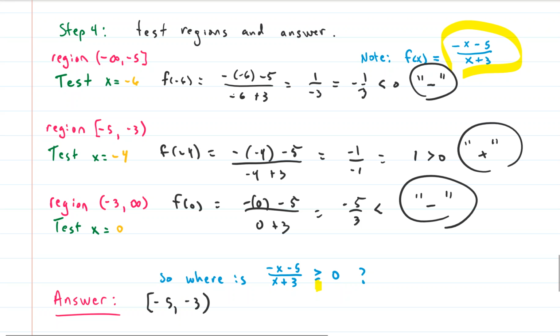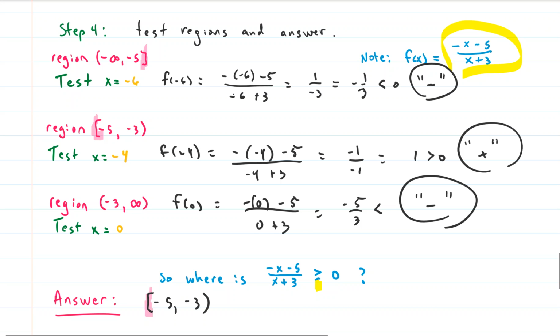So you might be wondering, why do I have these brackets here and here at the bottom? Well, the function is greater than 0 from -5 to -3, and it equals 0 at x equals -5, so I have to include -5 in my answer.